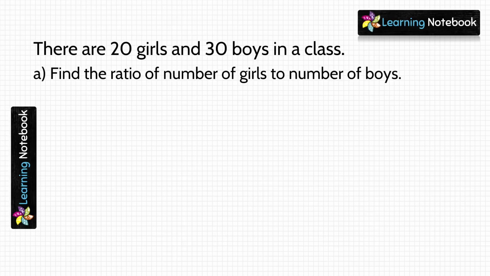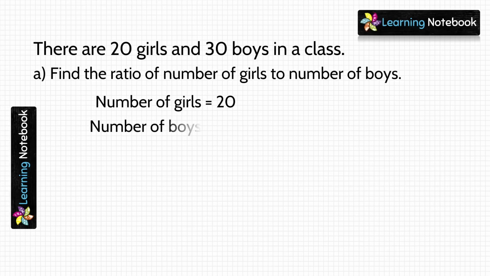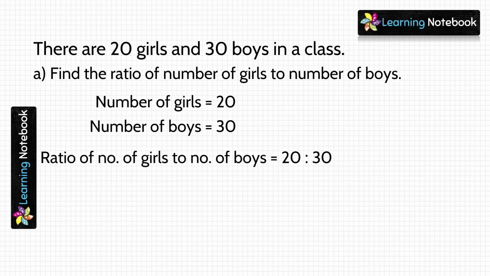So let's first write the statements. Number of girls equals 20. Number of boys equals 30. So, the ratio of number of girls to number of boys would be 20:30. Now, this ratio 20:30 is not in its simplest form.